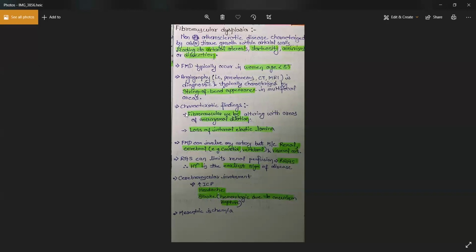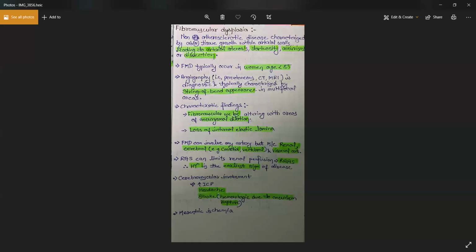You'll have fibromuscular webs that cause stenosis with alternating areas of aneurysmal dilations. There is loss of the internal elastic lamina, and because the elasticity is lost, these blood vessels cannot attain their normal shape, so they become very dilated. Because of this fibrous dysplasia, you have fibrosis in the vessels, and that's why fibromuscular webs are formed.